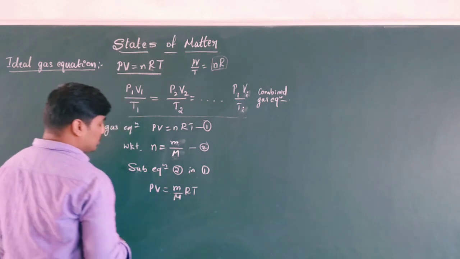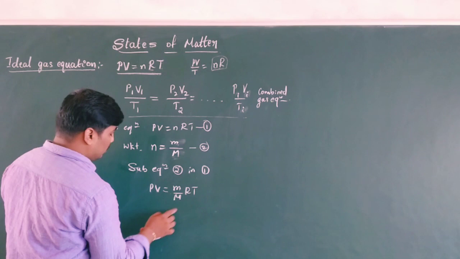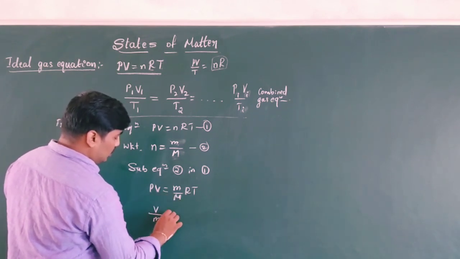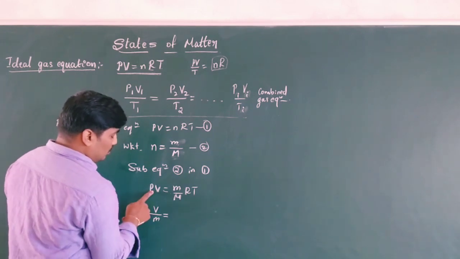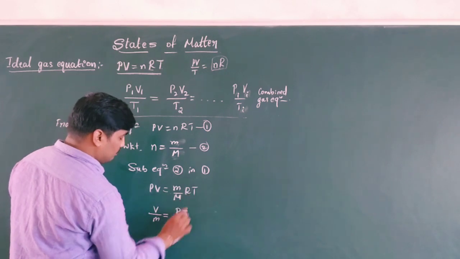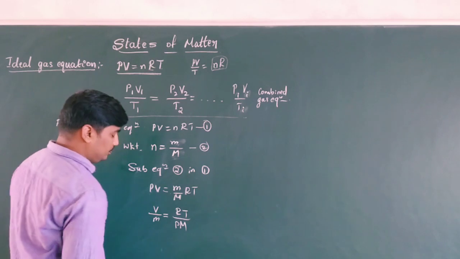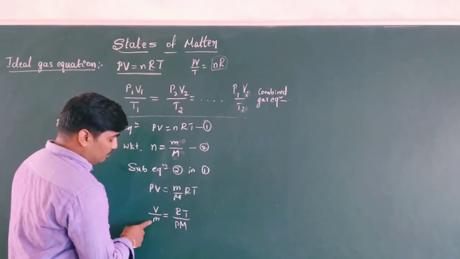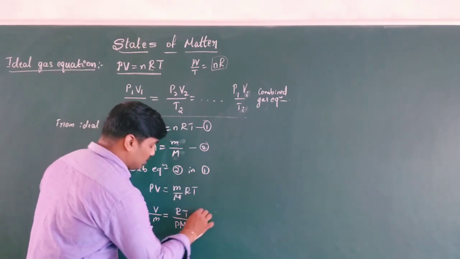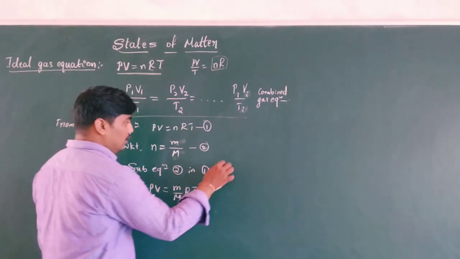I am rearranging the equation in such a way that M comes here, P goes here: V by m is equal to RT in the numerator, and P goes to the lower side, PM. But we don't know the meaning of V by m, so just consider it as equation number 3.